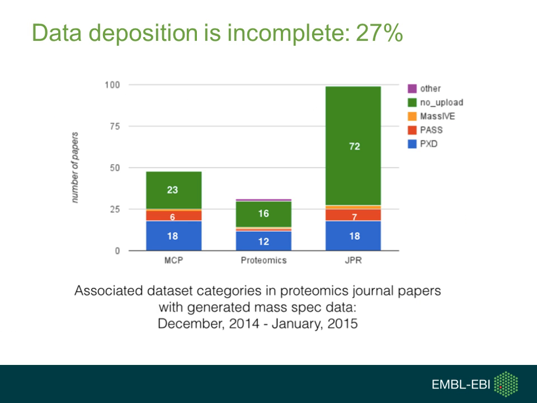We have just two months ago done a survey to find out and to really have hard numbers what percentage of all the publications in the three classical proteomics journals, which should have open data attached to it, actually do have open data in a public repository attached to it. And that's shown here. So the big green bars are papers that have generated data.